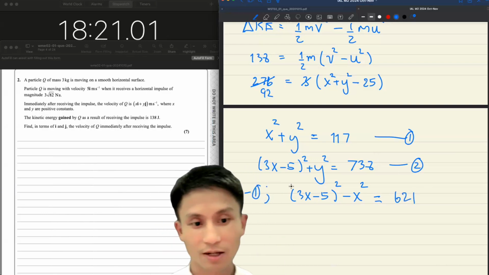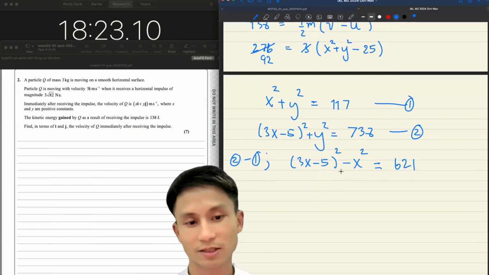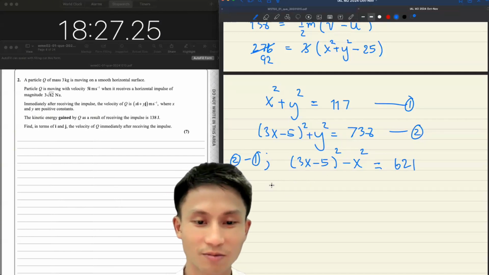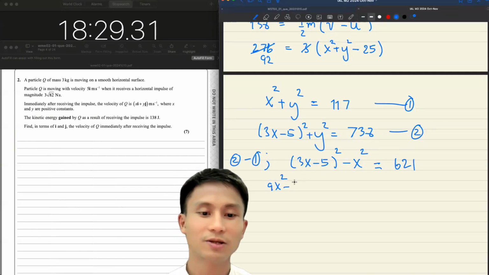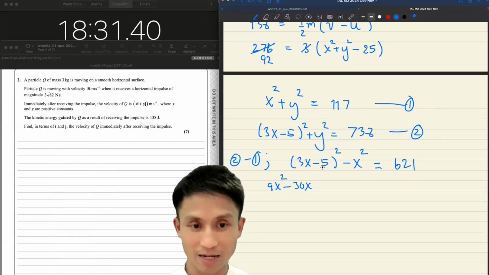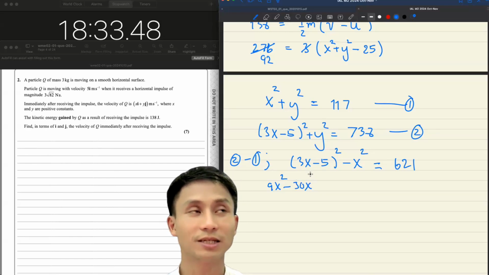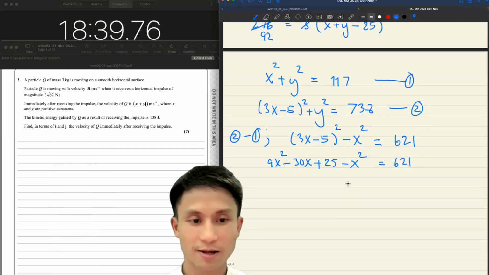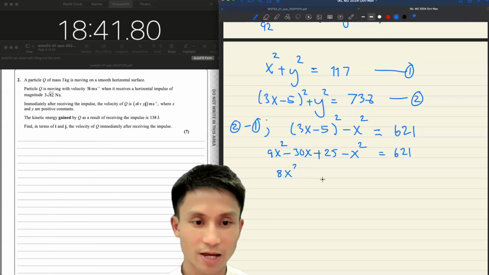Yeah. Now, why am I doing this? Well, because maybe it's easier. Okay, expanding these out. 9x squared, and this is 30x, right? Expanding this complete square, basically. Plus 25 minus x squared equals 621. Okay, so this is 8x squared minus 30x.